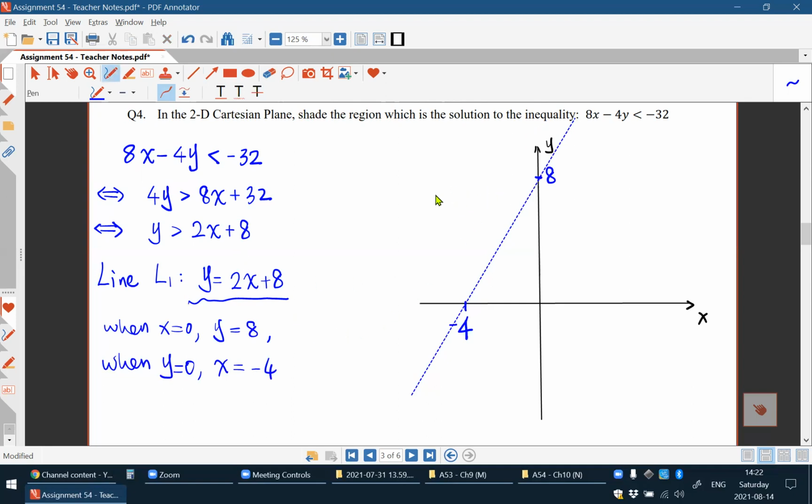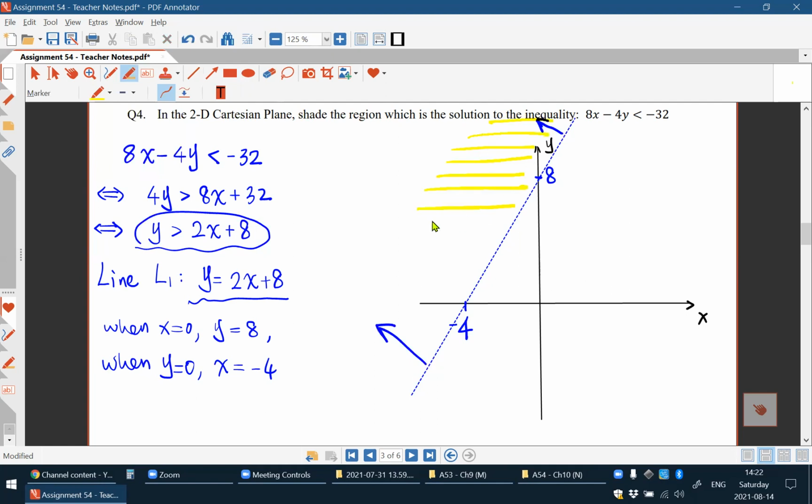So where is the shaded region? Where is the region that corresponds to the inequality? The inequality is y is greater than, right? Greater than means the region must be above this line, right? So this is our shaded region. You can just shade it like this.